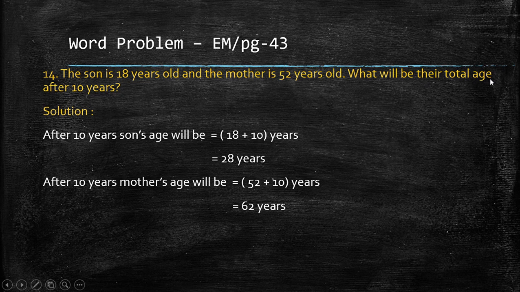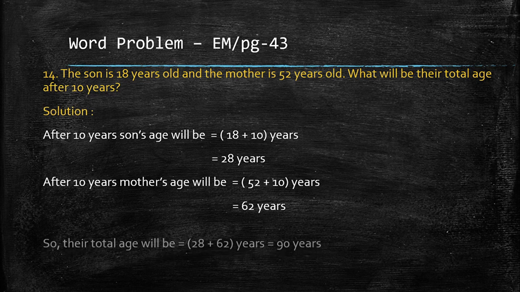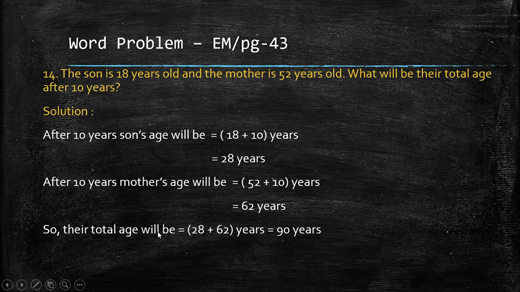You see the question here. We can find the total age this way. Their total age will be 28 and 62. Here the son's age is 28 and the mother's age is 62. Add 28 and 62, and the answer will be 90 years. So their total age will be 90 years, and the answer is here.